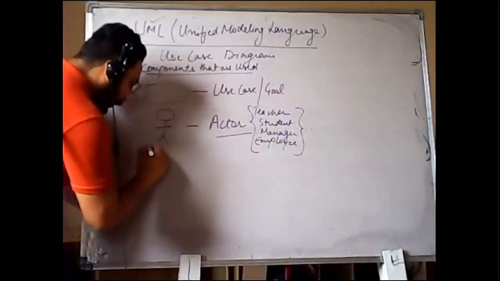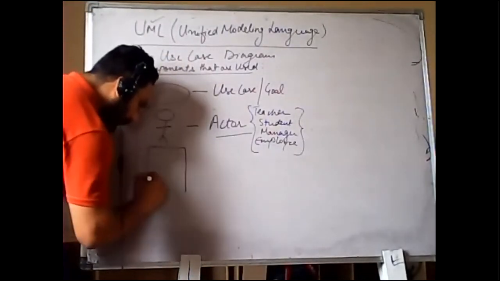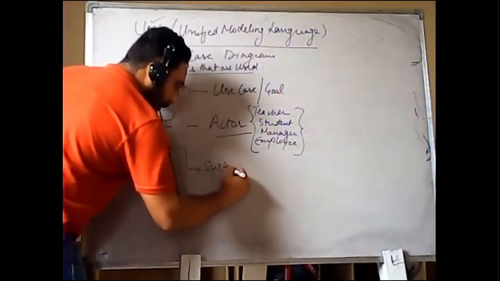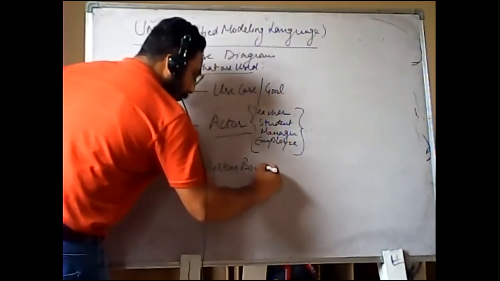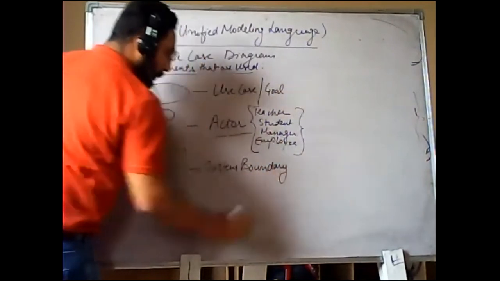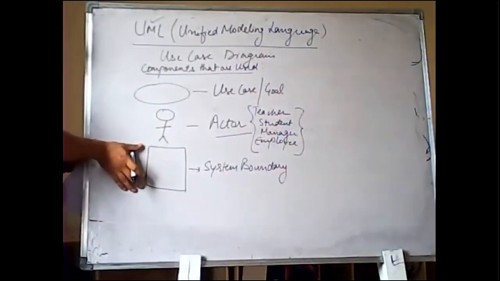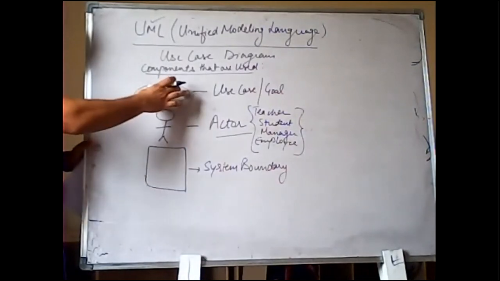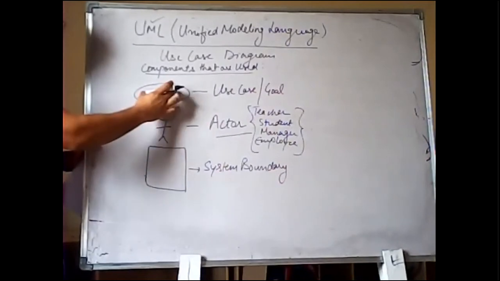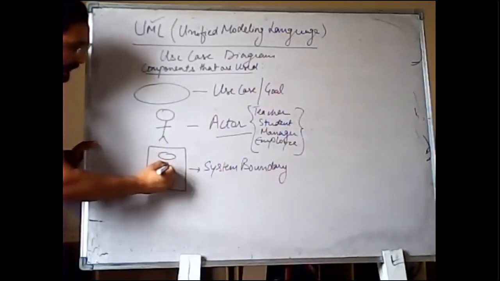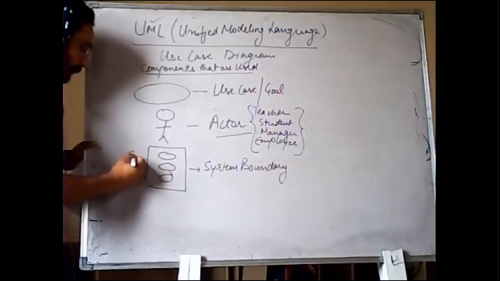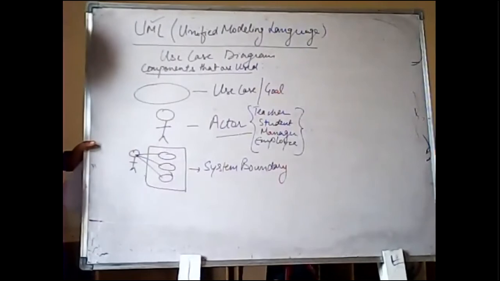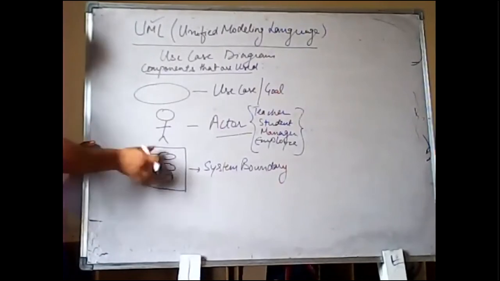Next is the rectangle, that is the system boundary. The system boundary will tell what project you are making. In this system boundary, we will place all these goals, and from the outside, the actors perform those goals.